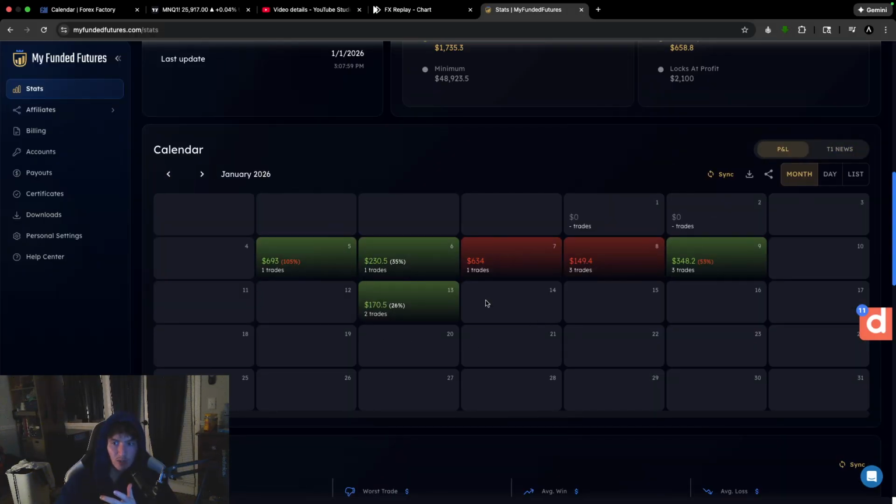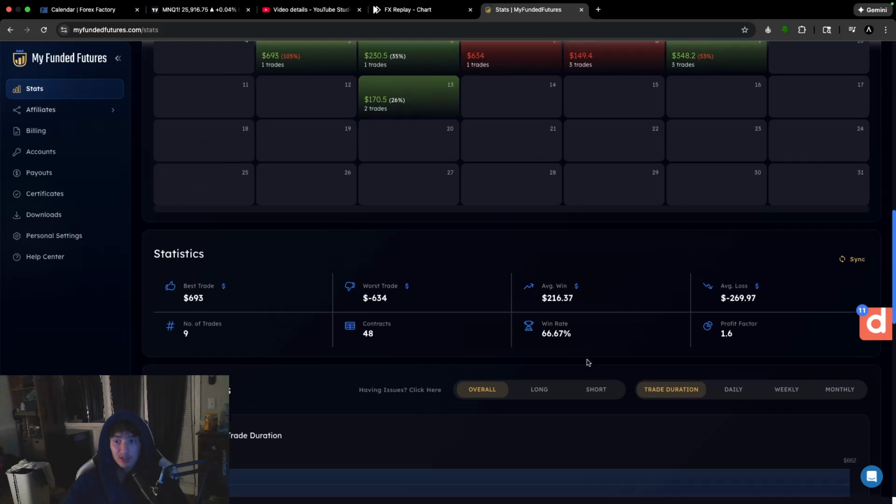The little $200 win days, $300 win days, that ain't gonna cut it. If we do $300 wins, that means we have to do 10 winning days. That ain't gonna work. We're scaling up, going from 5 micros to 2 minis, and we're risking a lot more.